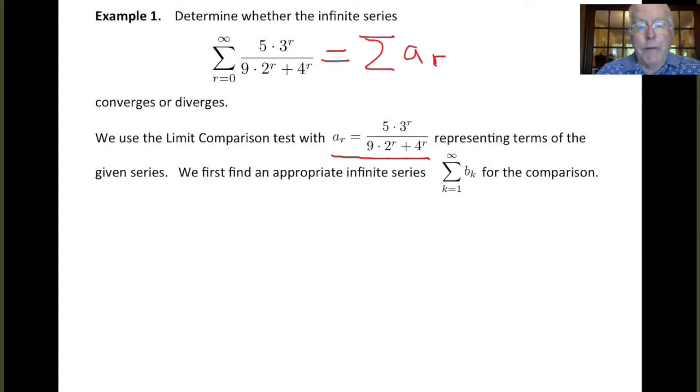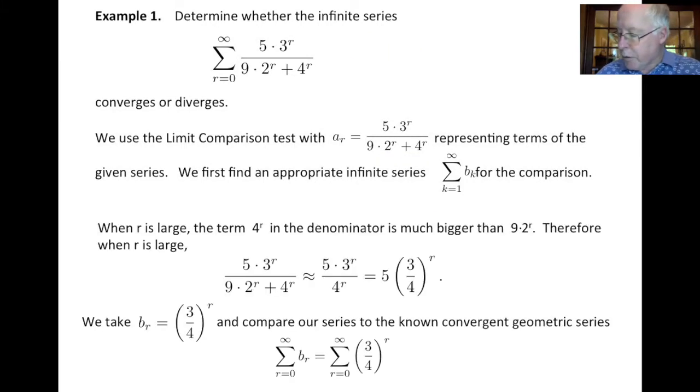And we're going to then find an appropriate infinite series summation b_k, whose behavior we know, to compare it with. Now, as we did with the direct comparison test, we can usually find the other series to work with by doing a little scratch work on the side.